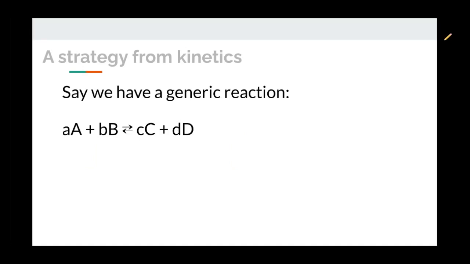Say you have a generic reaction where a moles of A react with b moles of B reversibly to produce c moles of C and d moles of D. So the lowercase letters are the coefficients and A, B, C, and D are the reactants and products. Let's assume as a starting point that this is an elementary process in both directions. And if it's at equilibrium, then the forward rate and the reverse rate would have to be equal.